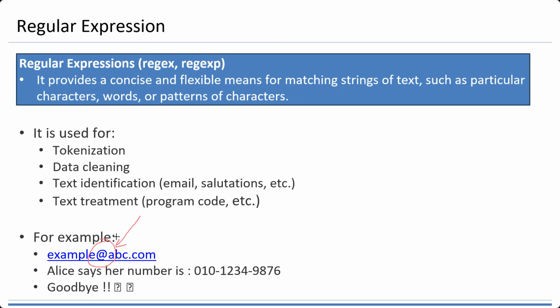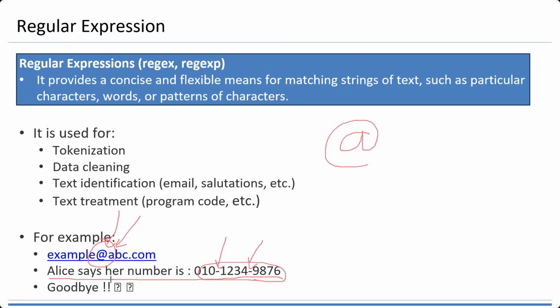So we can identify, okay, this is an email because there is a symbol at. Or like this one, Alice says her number is 010-1234-9876. When we have this number, we know this is a phone number, but the dash makes it difficult to understand that this is a phone number.